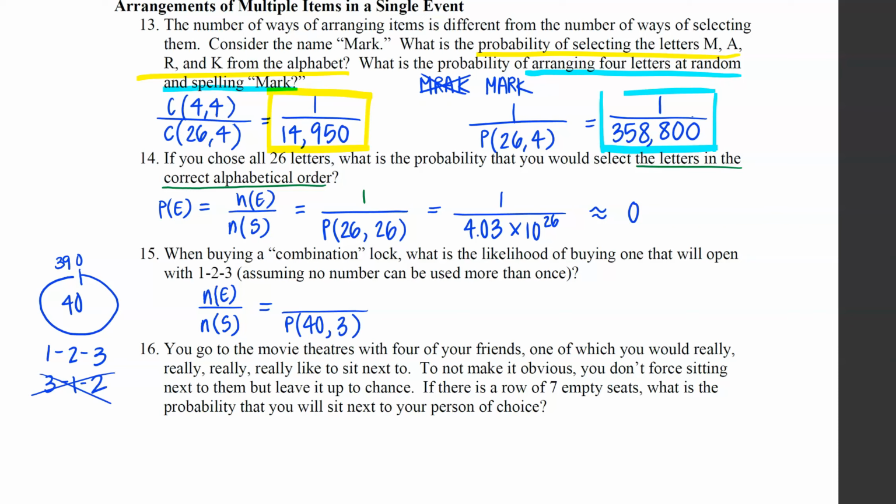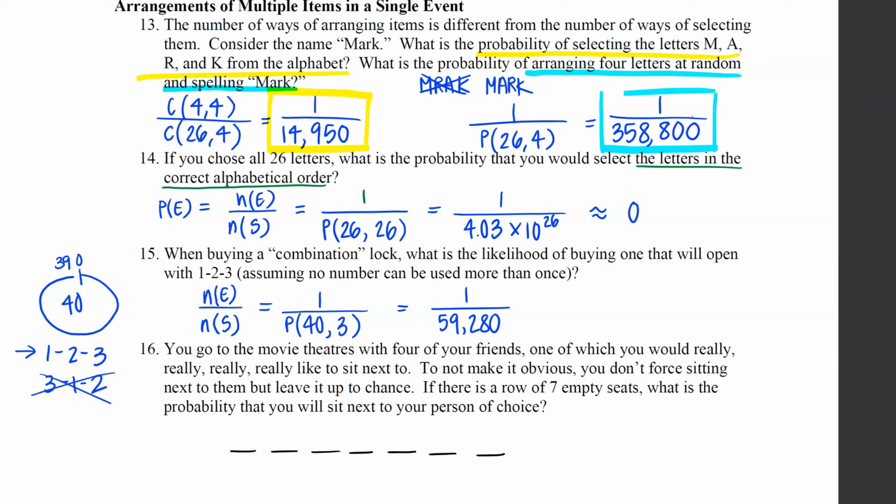That's the denominator, or the number in my sample space. My numerator would be the number of ways the specific event can occur. How many different ways can I get 1, 2, 3 in that exact order? There is only one possible way. The probability that this occurs would be 1 out of a total 59,280.